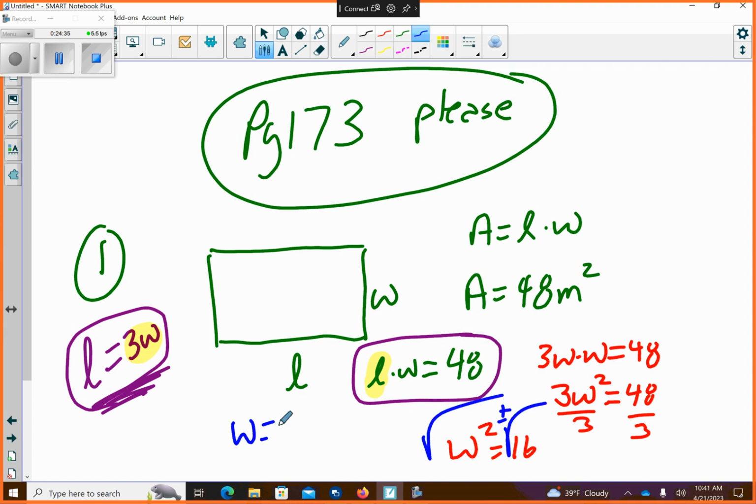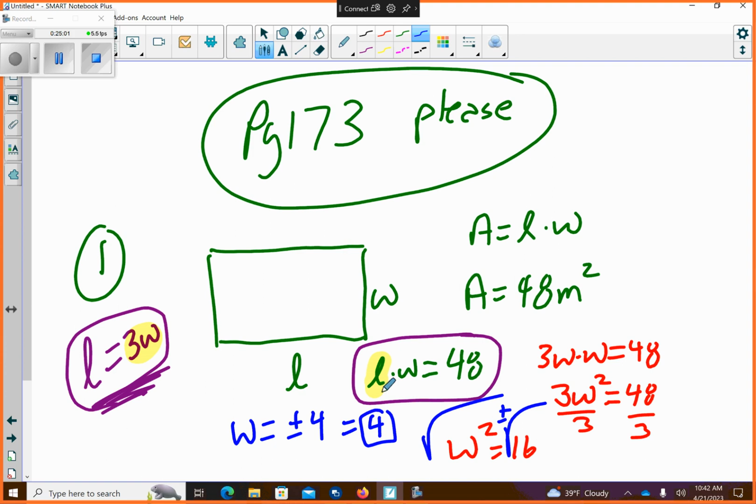So I get W equals plus or minus 4. Now, here's the problem. Can I measure something as a negative distance? No. It's like, hey, how far did you walk today? Negative 3 feet. What? No, you walked 3 feet. I mean, hopefully you walk more than that. But I'm only going to use the positive component, so I'm using 4.